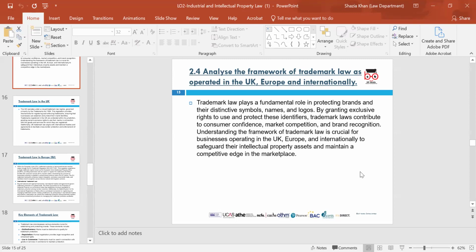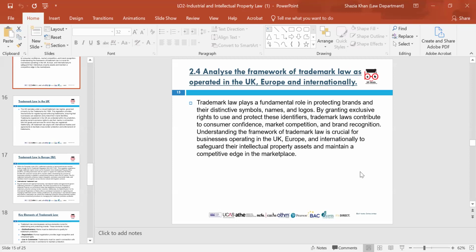The United Kingdom trademark law provides protection for the use of trademarks in the UK. A trademark is a way for one party to distinguish themselves from another. In the business world, a trademark provides a product or organization with an identity. So, it's really important that the laws are followed in the UK in regards to trademarks.